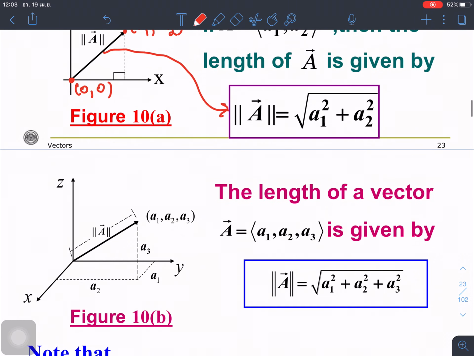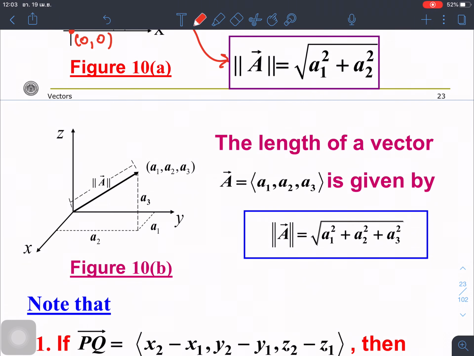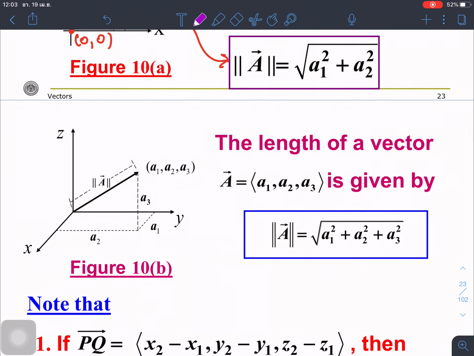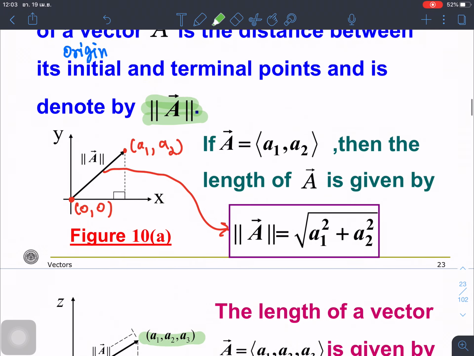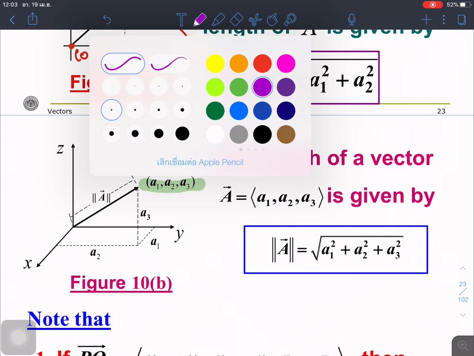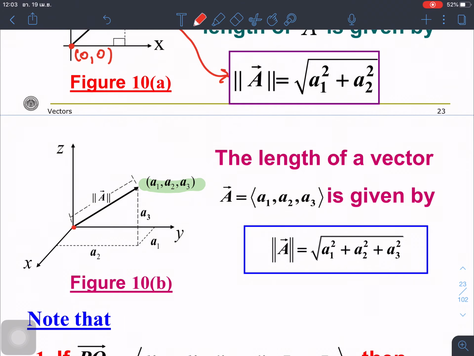The generalization to the 3-dimensional vector space. Given that you have the terminal point of vector A here, and you also have the origin 0, 0, 0, and you want to find the length of the vector.